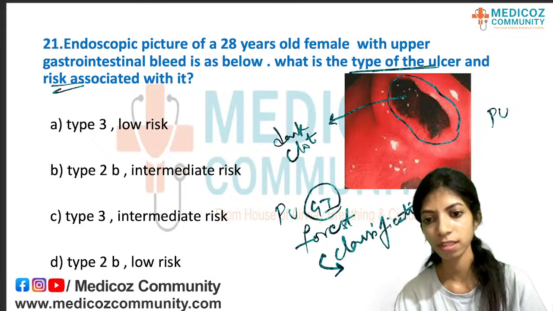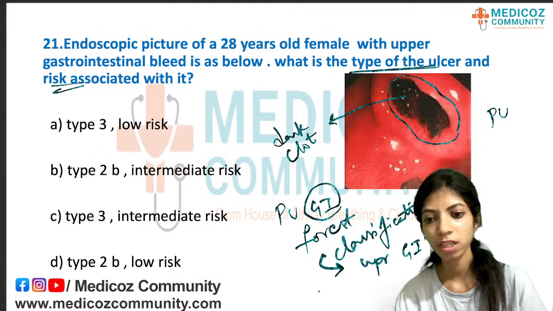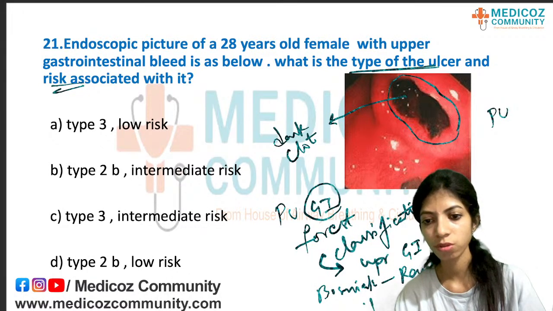For that you use this classification. Forrest classification for upper GI bleed, and we have seen Bosniak, which is for renal cysts, and we have also seen Todani's classification, which is for the choledochal cysts. So remember all the three.